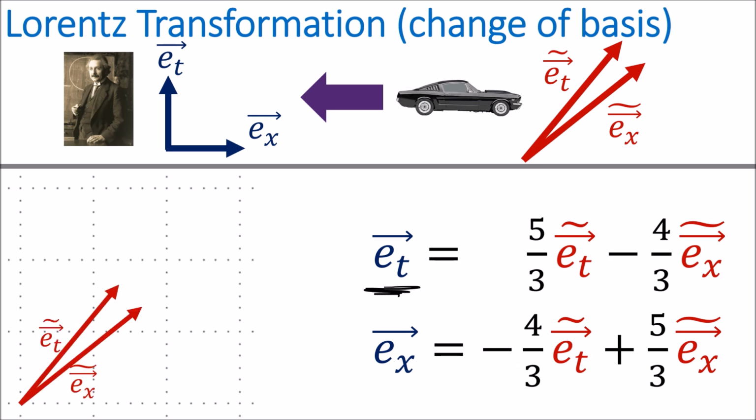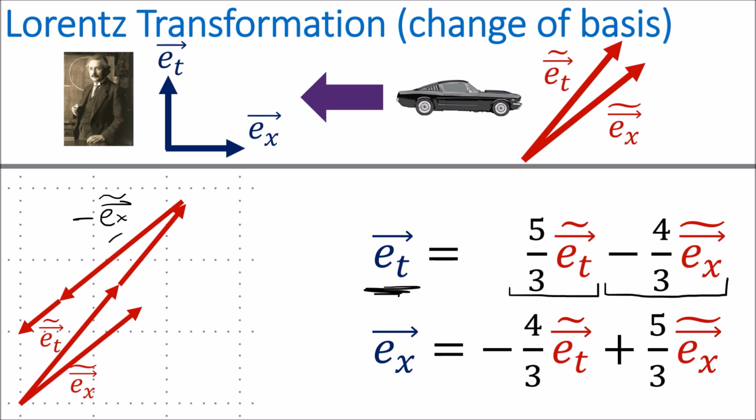So to get et, we need 5 over 3, or 1 2/3 of et tilde, and then subtract 4 over 3, or 1 1/3 of ex tilde. Remember that when we subtract a vector, we reverse its direction. So instead of using plus ex tilde, which points to the upper right, we use negative ex tilde, which points to the lower left.